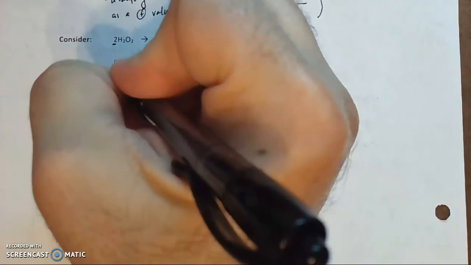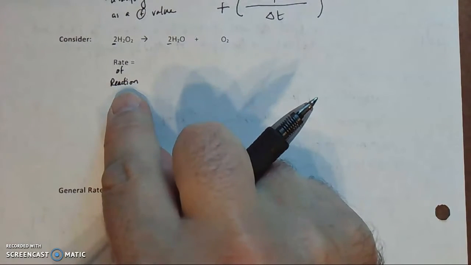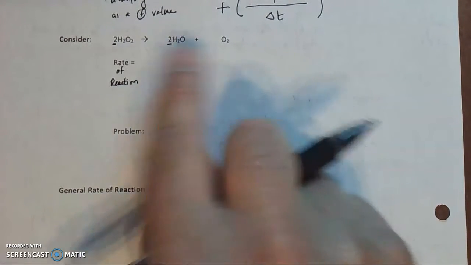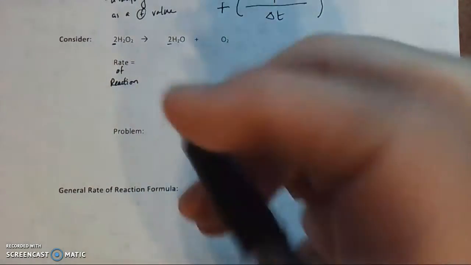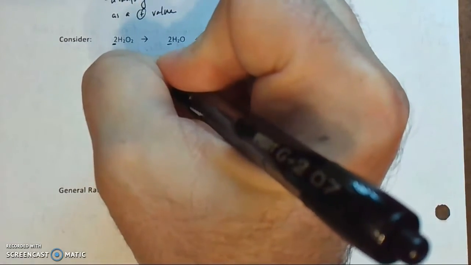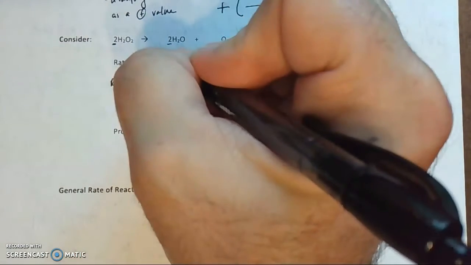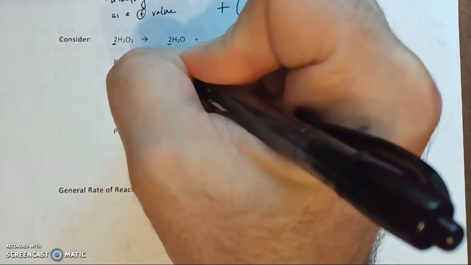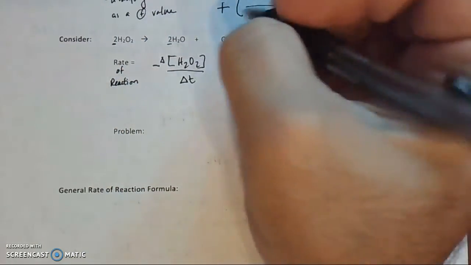So our rate of reaction for this. Well, we know that we could define rate of reaction for this whole reaction based on the changing concentrations of the substances in here. So we know that it is the negative of our reactants. So it's a negative change in concentration of H2O2 over change in time.